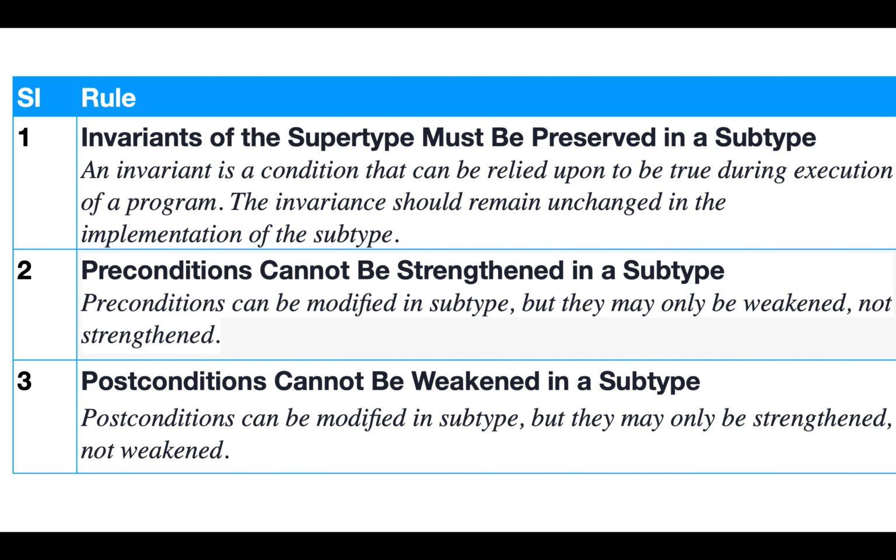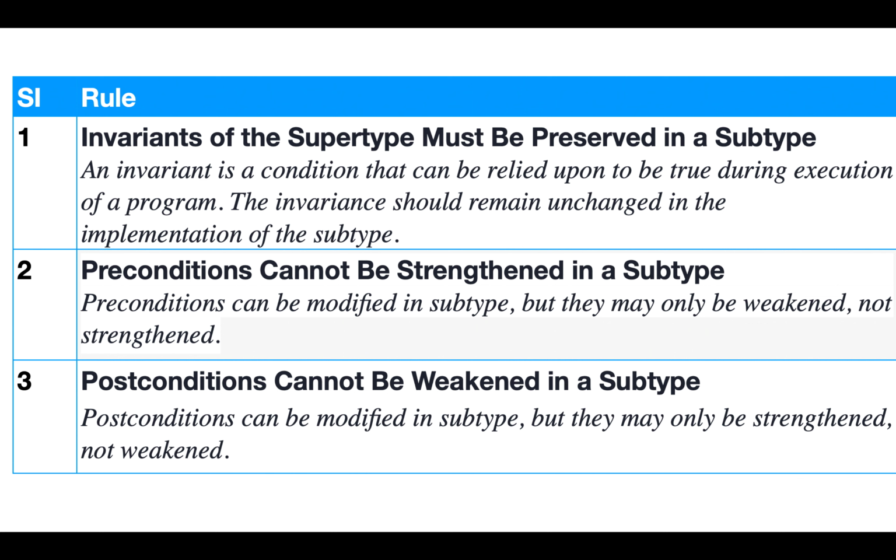We can say that an invariant is a state or condition which exists in the lifetime of the program until it is removed or garbage collected. So the invariants should remain unchanged in the implementation of the subtype.